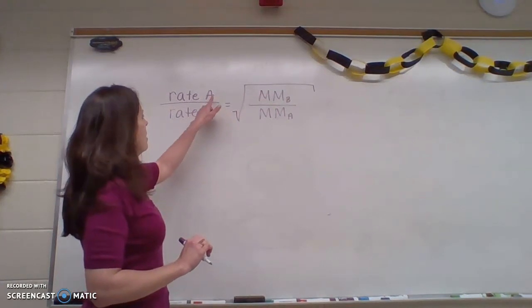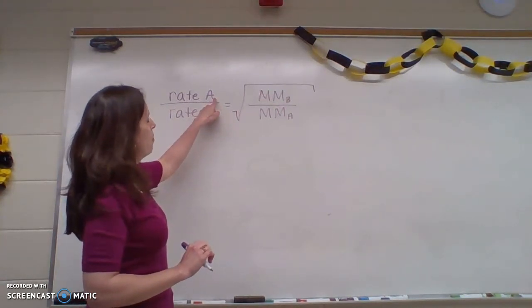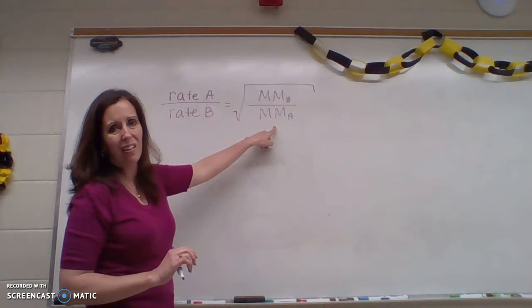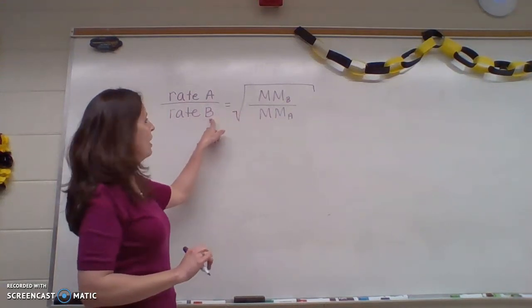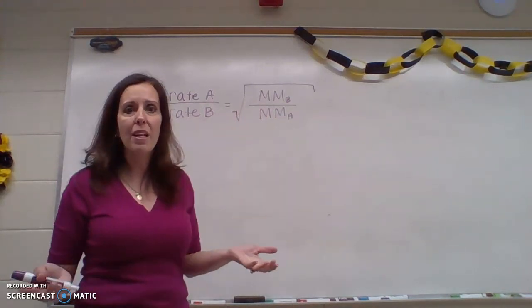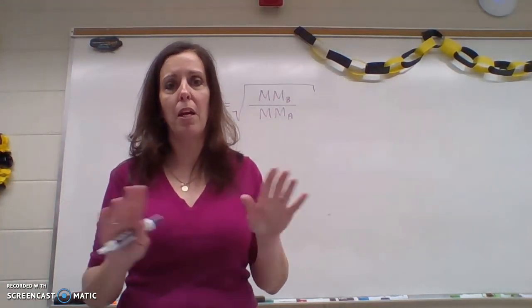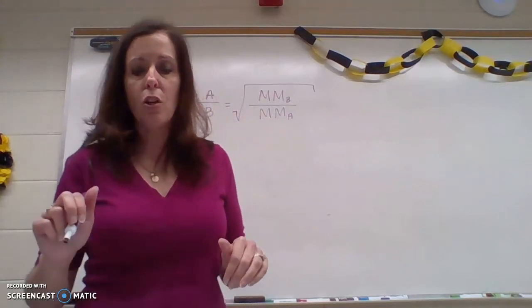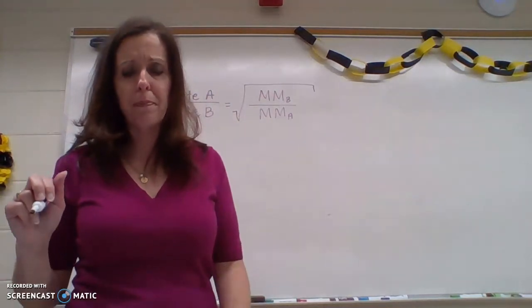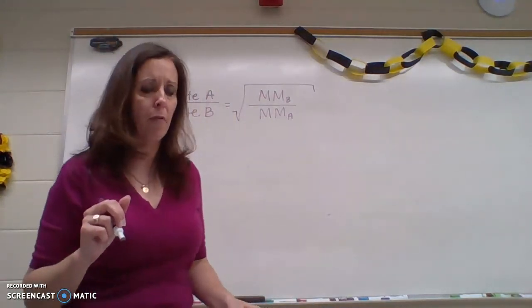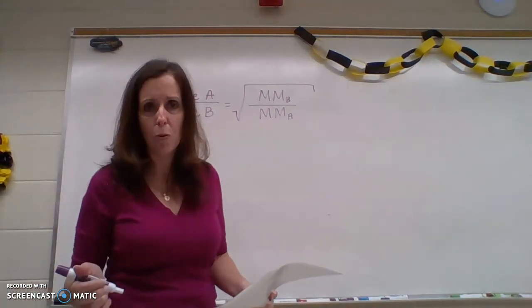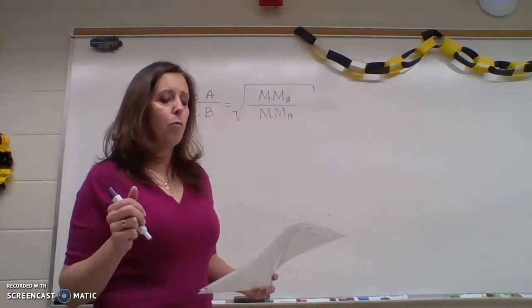The other thing is, whatever this substance is up here, its molar mass is diagonally across from it. It's the same thing here, B and B. So when I read an example, I physically write out who I'm going to make A and who I'm going to make B just to double check myself. So if you look at the example on your paper, an oxygen molecule travels at 480 meters per second at room temperature.